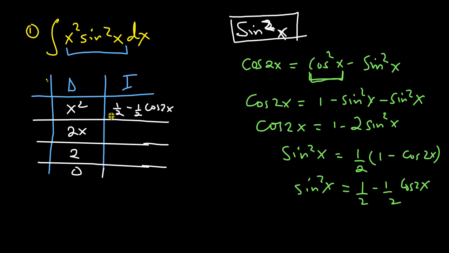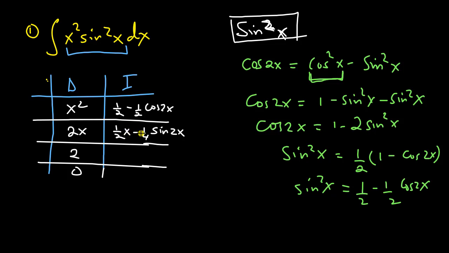If we integrate this, we'll have a half times x minus a quarter. When we integrate cos 2x, we differentiate the inside and get a 2, and we write that as a half. So a half times a half gives us a quarter. The integral of cosine is sine, so that gives us sine 2x.